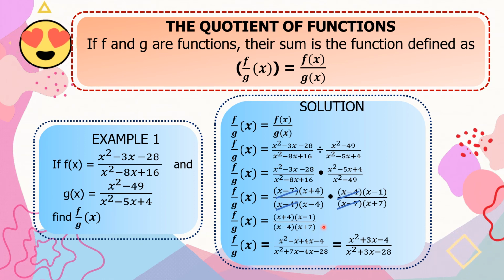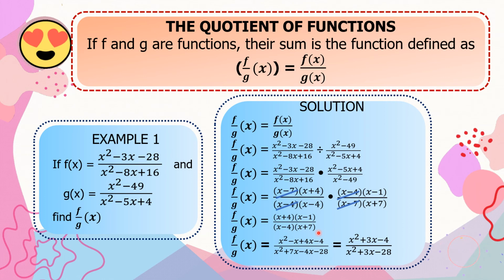Now, let's multiply x plus 4 times x minus 1. First, the x, we multiply it to x minus 1. So, x times x is equal to x squared. X times negative 1 is equal to negative x. Then, the 4, we multiply it to x minus 1. So, 4 times x is positive 4x. 4 times negative 1 is negative 4.